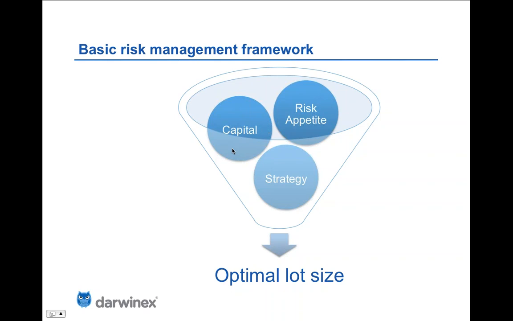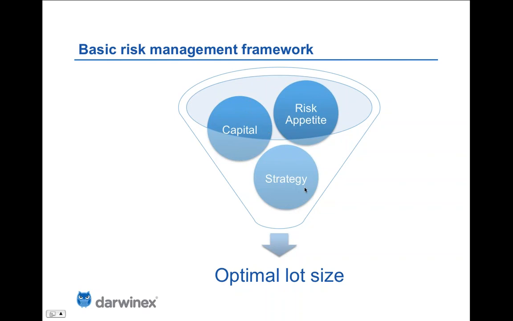And that's really how the framework at Darwinex works also. There's a risk appetite, which in the case of investors is set to a value at risk of 20%. The capital is everyone's choice, how much they wish to invest in a given Darwin. And then, of course, they choose which Darwin they back.